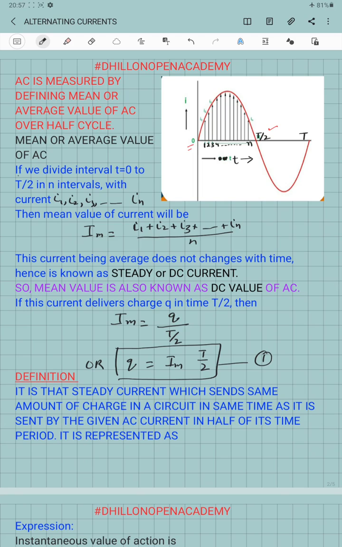It is that steady current which sends the same amount of charge in a circuit in the same time as is sent by the given AC current in half of its time period, and it is represented by Im, as we have already done in the first equation.